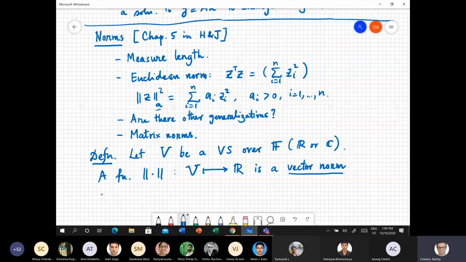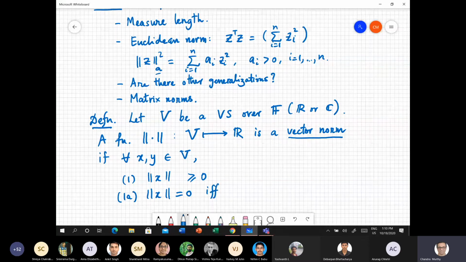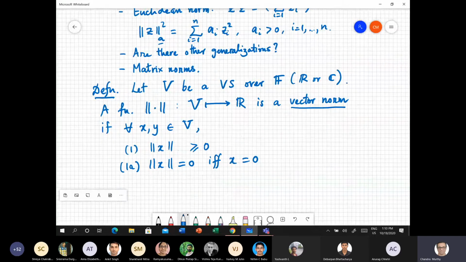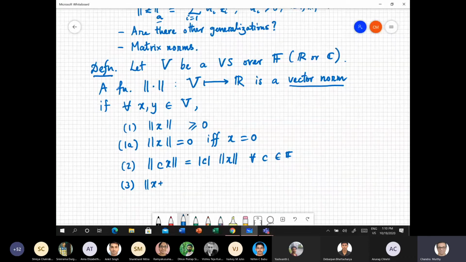if for all x, y belonging to this vector space V, it is true that: 1a, the norm of x is greater than or equal to 0; 1b, the norm of x is 0 if and only if x equals 0; 2, the norm of c times x is equal to mod c times the norm of x for every c belonging to F; and the last one is the triangle inequality, the norm of x plus y is less than or equal to the norm of x plus the norm of y.